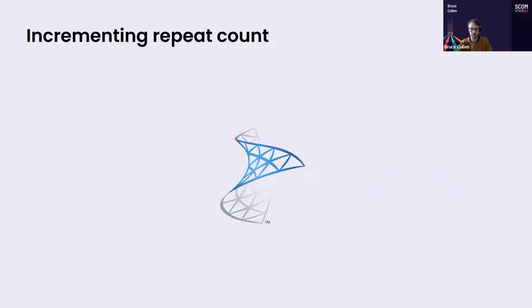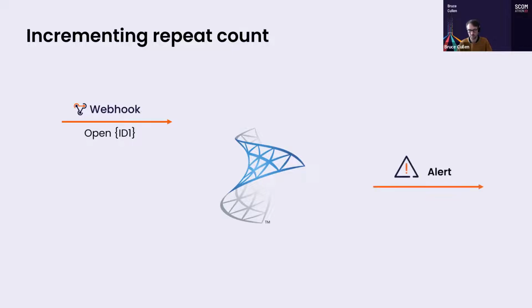The other thing that's really useful, because it's part of SCOM's core feature set and capabilities, is the ability to increment the repeat counts on an alert rather than pile up multiple alerts that are the same thing. So in this case, we have a webhook coming in with an ID on it, which triggers an alert being raised.